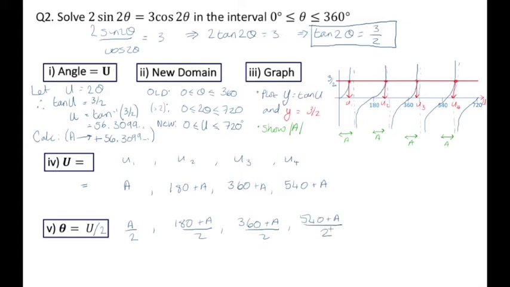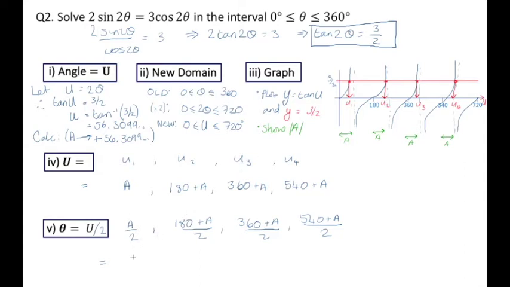So notice we're not messing around with any really horrible irrational numbers. That was the benefit of writing it in terms of A. Otherwise I would have had to write out 56.3099 many times and it would have looked a complete mess.